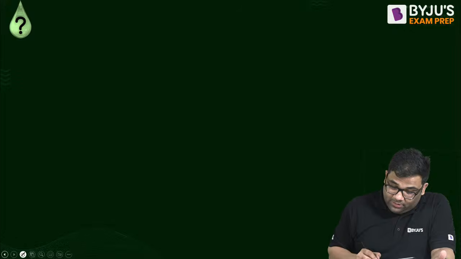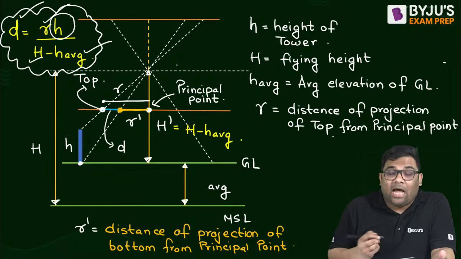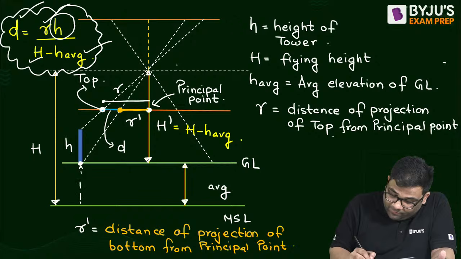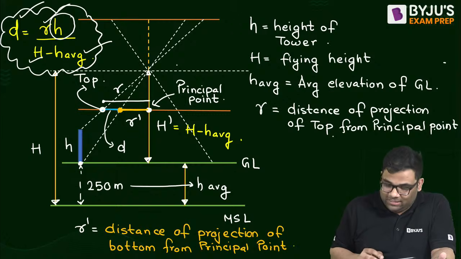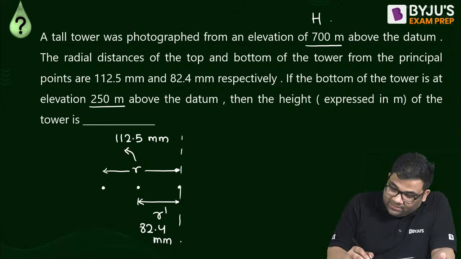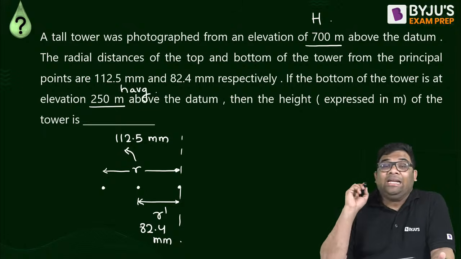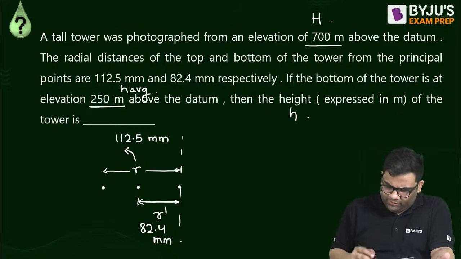If you see this data, bottom of the tower is at 250 above the datum or mean sea level. That means this is your H average, right? So the H average is given as 250. Then the height of the tower means small h. Very straightforward question.